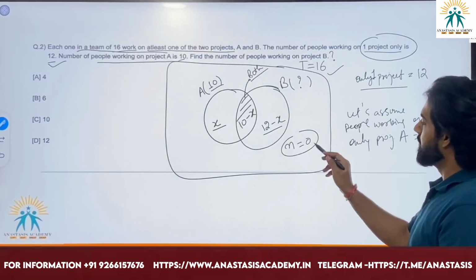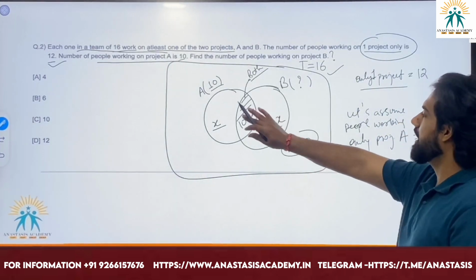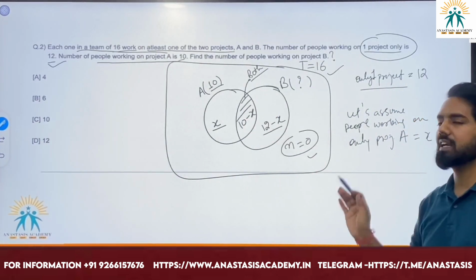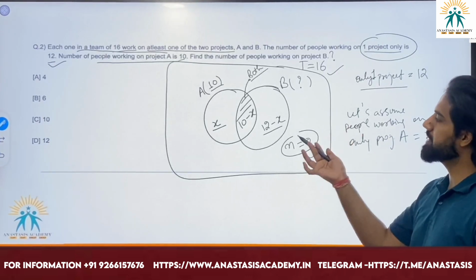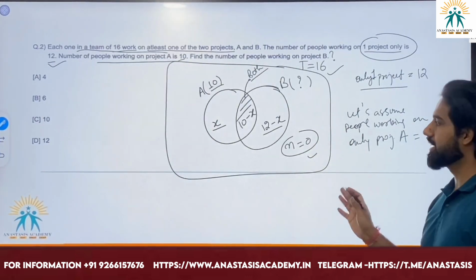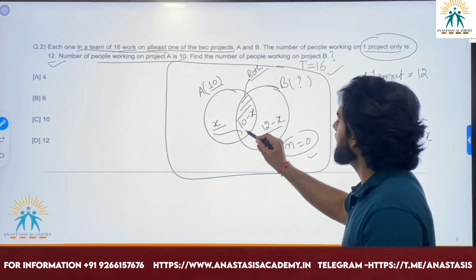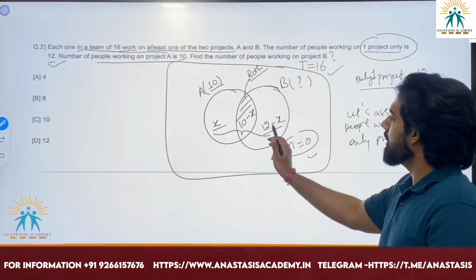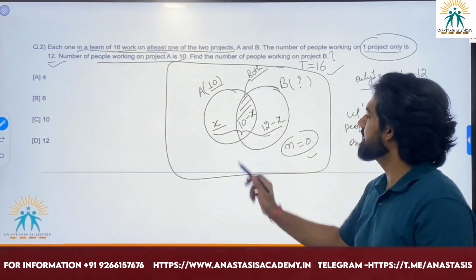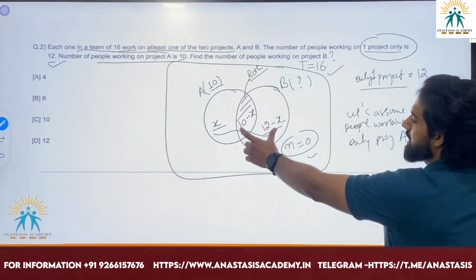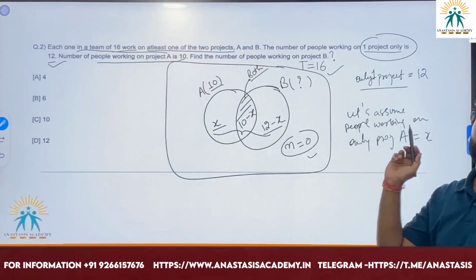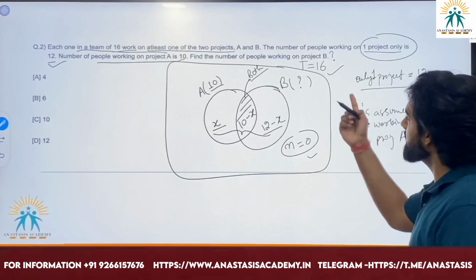And I know that outside of these two regions people are 0, because each one of them is working on either of the projects. So the total of these three regions, or the union of these two sets, would be equal to the total number of observations.